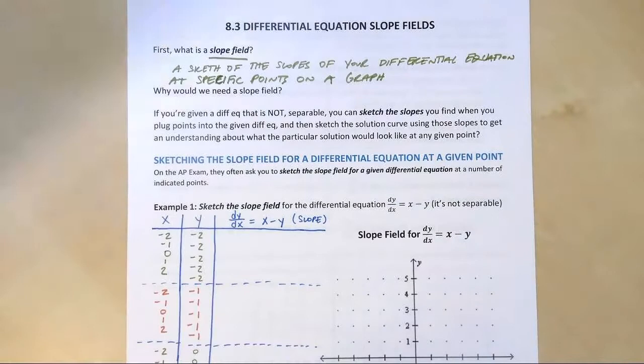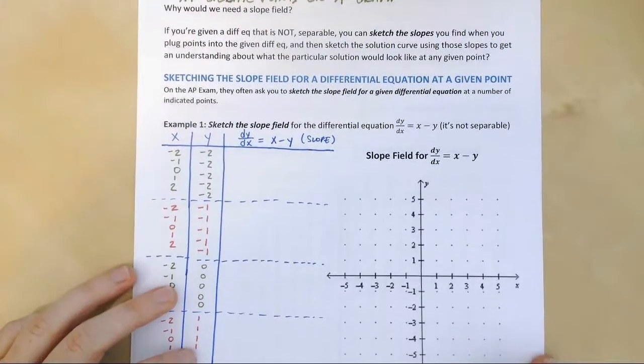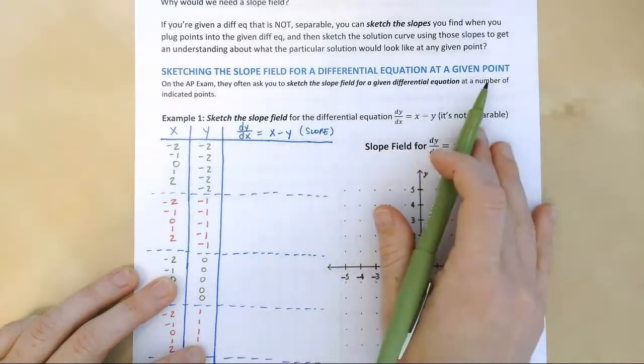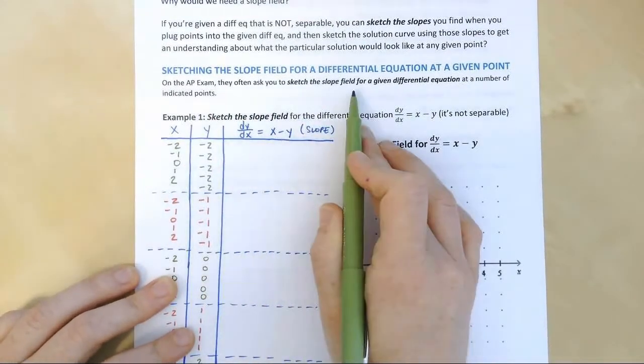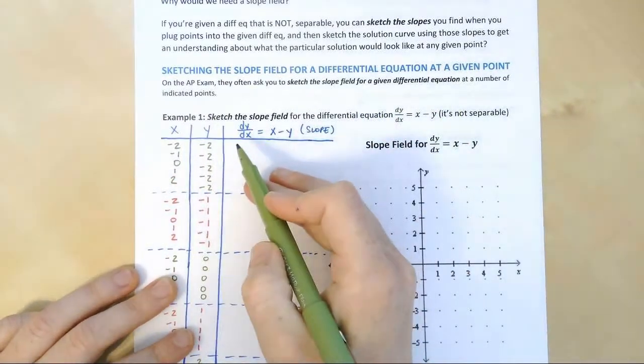All right, let's jump into the first topic of this lesson, which is sketching the slope field for a differential equation at given points. On the AP exam, they often ask you to sketch the slope field for a given differential equation at a number of indicated points.